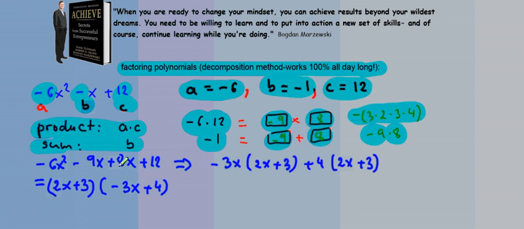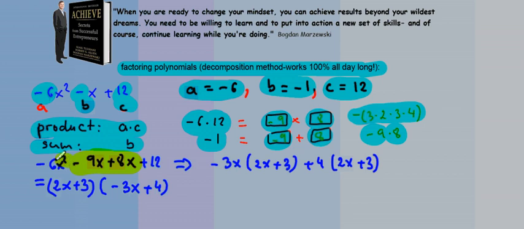So once we have established that negative x can be expressed as a sum of negative 9x and positive 8x, the middle term has been decomposed. This is why the decomposition method is called that after that sort of operation.